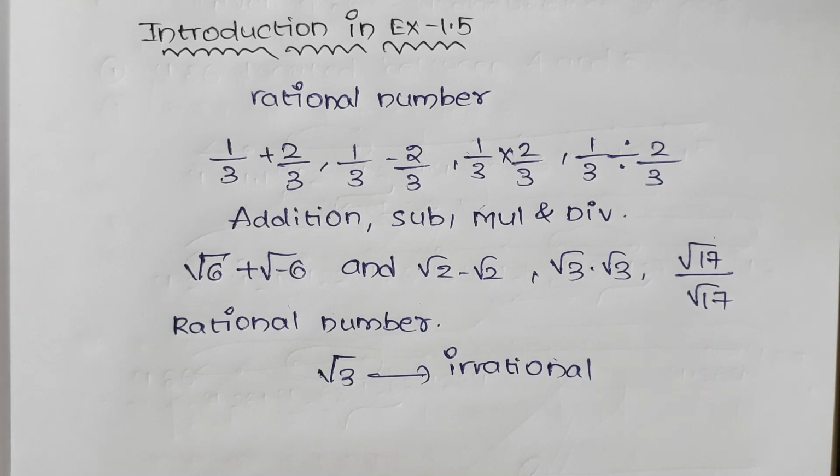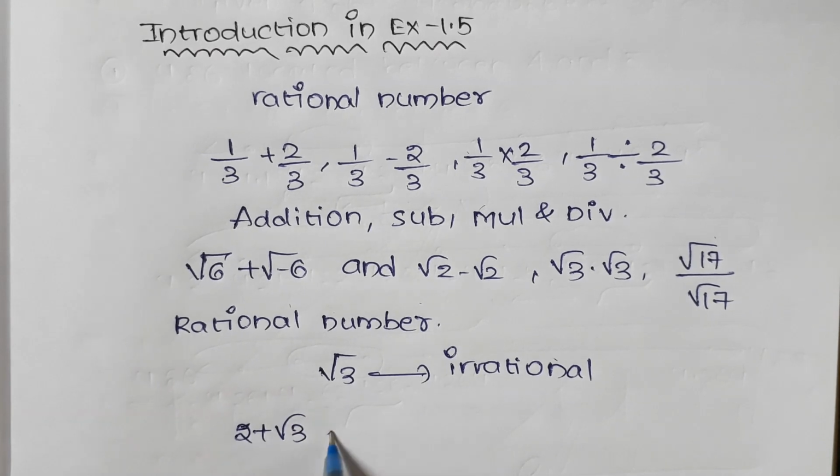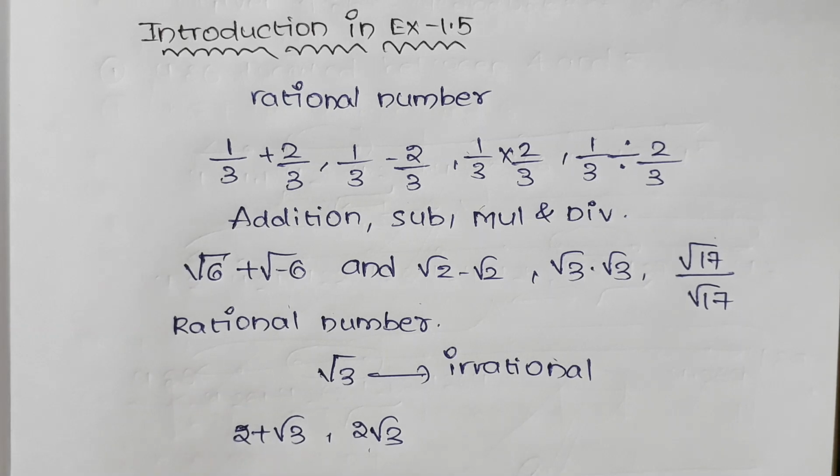Now what about 2 plus root 3, and 2 root 3? This is the addition and this is the product. Since root 3 is an irrational number with a non-terminating, non-recurring expansion, it is the same for both 2 plus root 3 and 2 root 3.